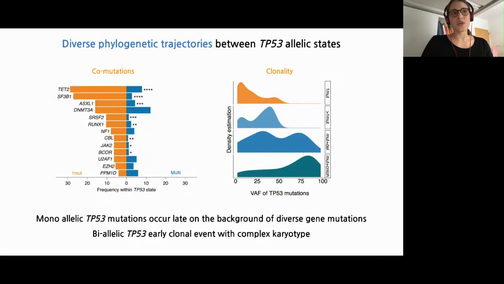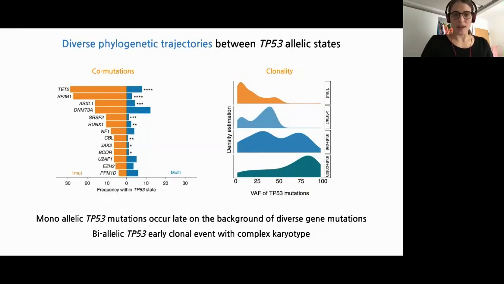In addition to this association with the level of genomic instability, we observe diverse phylogenetic trajectories between the two allelic states, where the patterns of co-mutations are very different between monoallelic and biallelic patients. At the bottom of the list, you can see that monoallelic TP53 is associated with a broad range of other genes being mutated, very significantly different from the multi-hit TP53, which comes with far fewer other gene mutations.